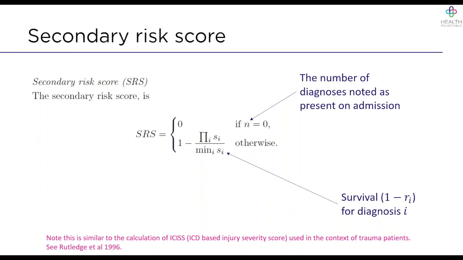For example, if the first diagnosis had a survival rate in the reference table of, say, 99%, and the second one had 98.5%, then we would multiply those together, and then we'd take the next diagnosis in the list and multiply that. As you go through that, the survival score comes down a little bit, and then we take 1 minus that score to get our final risk score for the secondary risk score.